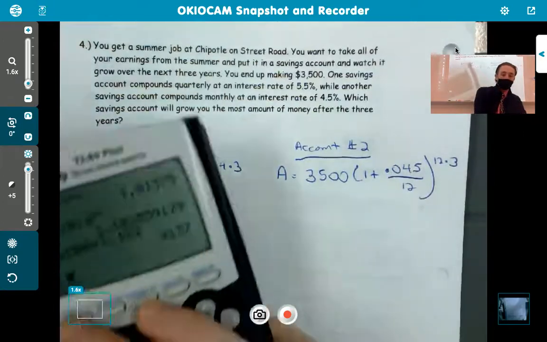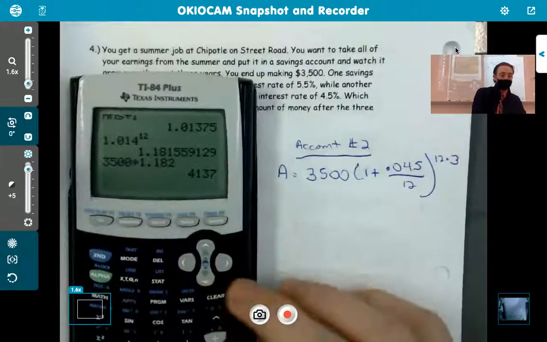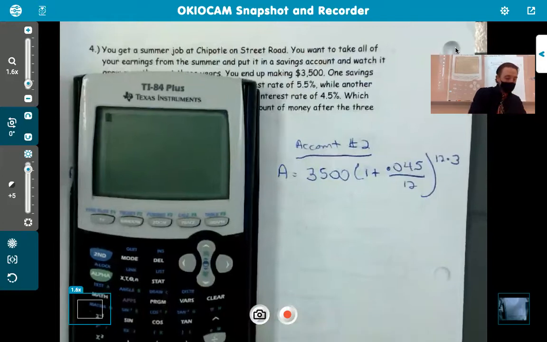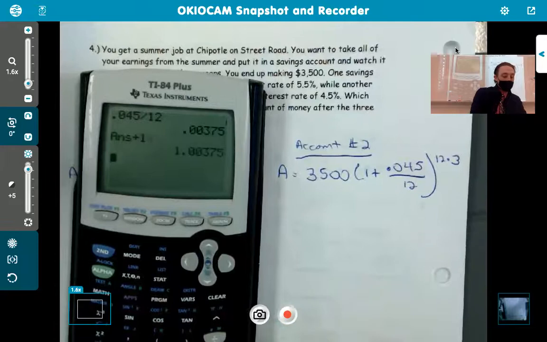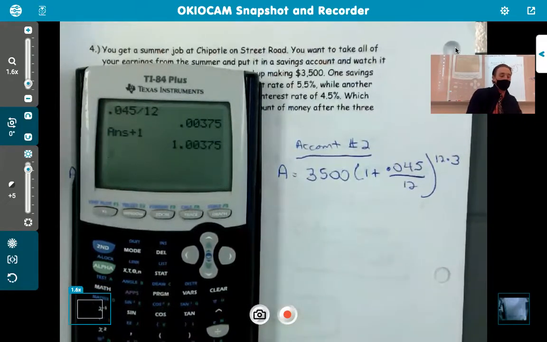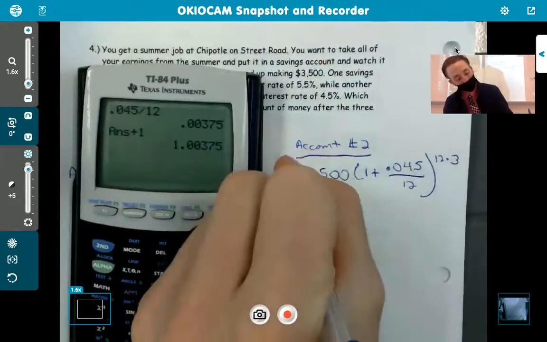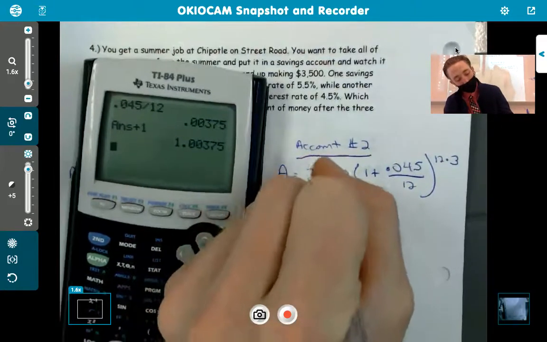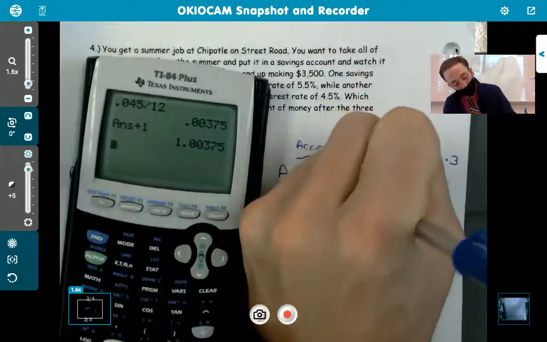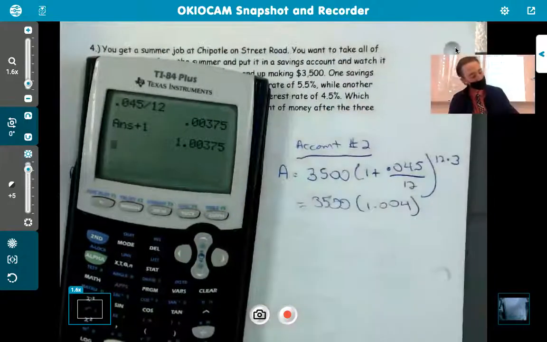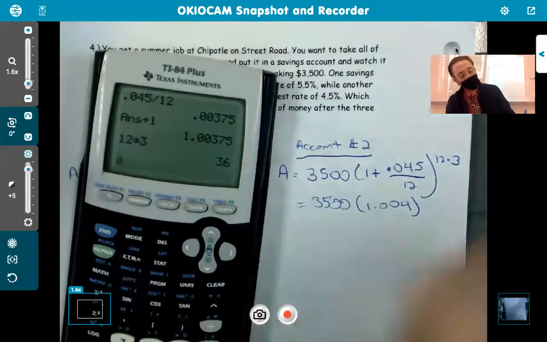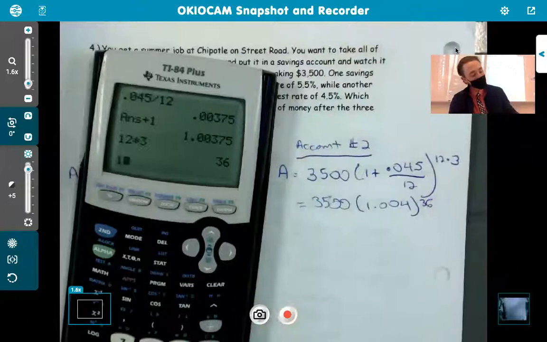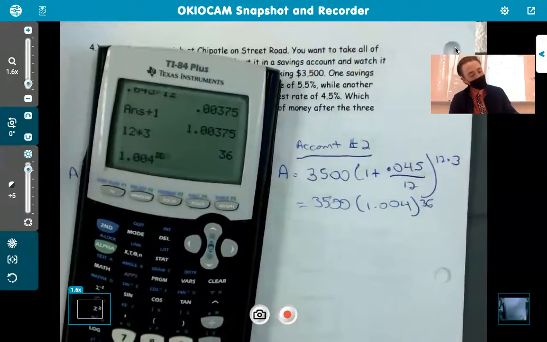All right. 0.045 divided by 12 plus the 1 gives me 1.00375 or 1.004. So $3,500 times 1.004. 12 times 3 gives me the 36. So I raise 1.004 to the 36th power.